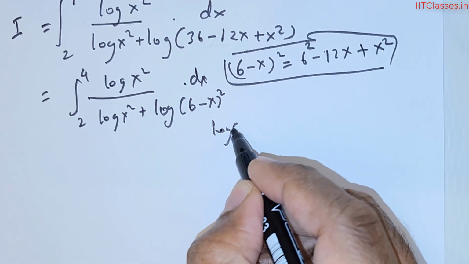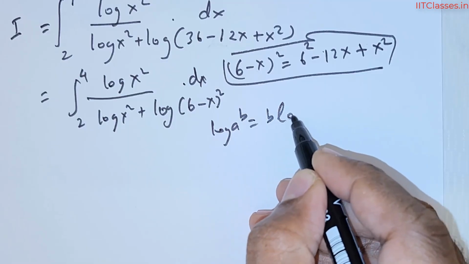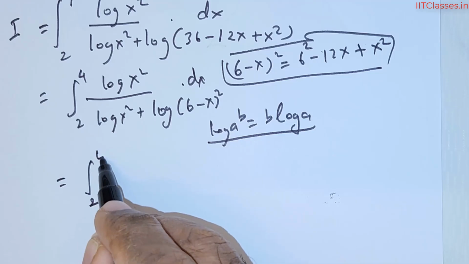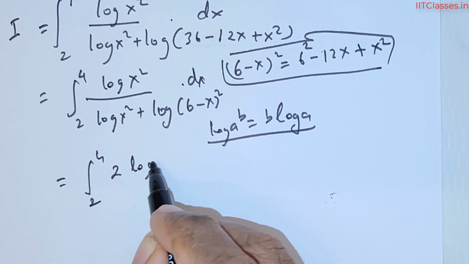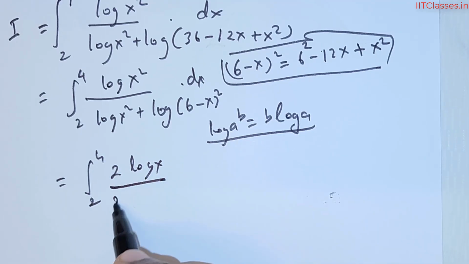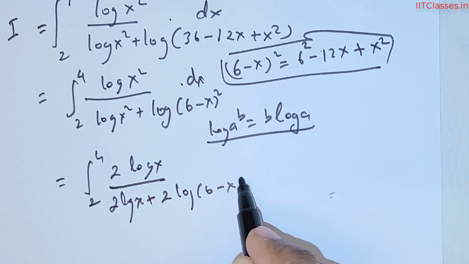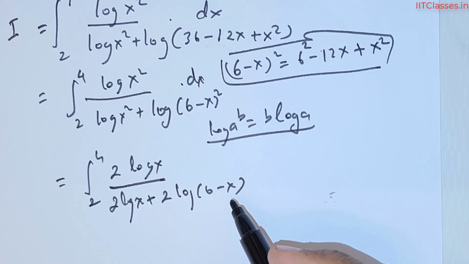Now we have a formula: log a raised to the power b is nothing but b times log a. By that formula we get the integral from 2 to 4 of 2 times log x divided by 2 times log x plus 2 times log of (6 − x).